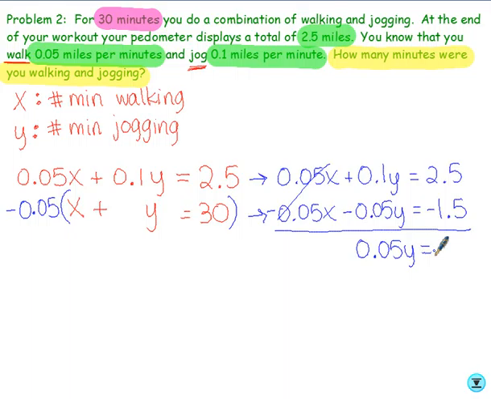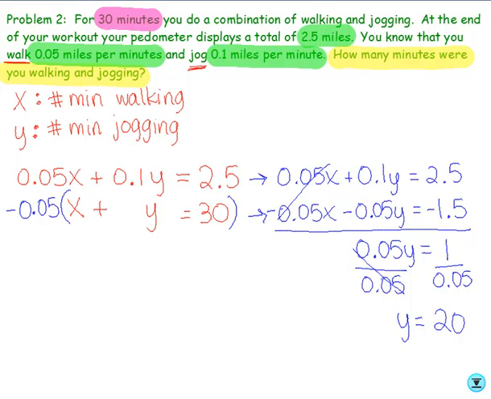Let your calculator do all that for you. 2.5, take away 1.5, leaves us with 1. If we divide by 0.05, use your calculator. 1 divided by 0.05 should give you an answer for y of 20.